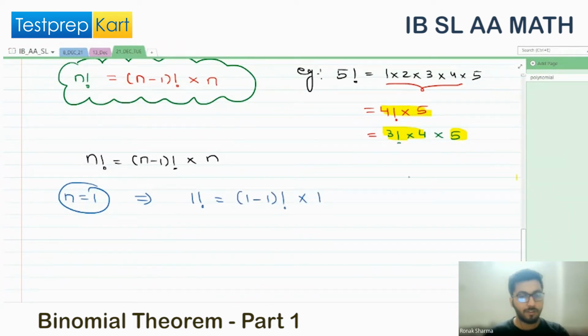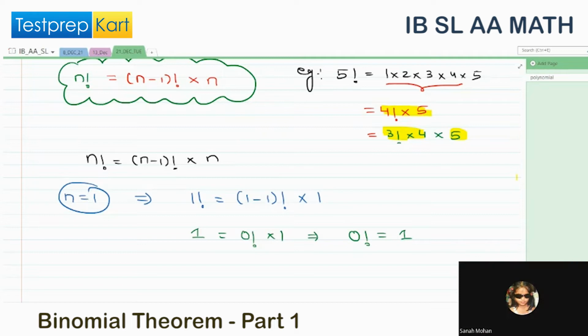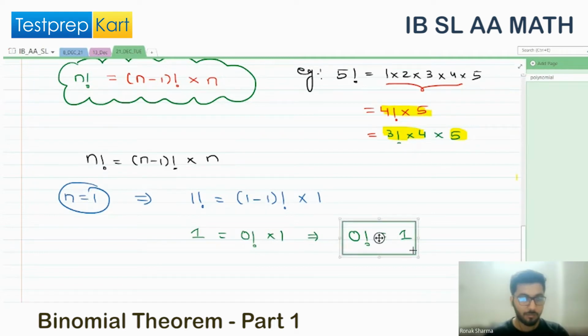But what will be 1 factorial? It will be 1 only. And 1 minus 1 is 0. So 0 factorial into 1. So are we getting 0 factorial equals 1? So this is one exception that you should remember, that 0 factorial value is 1. You should have that in your mind. Don't go for the reason, just know that 0 factorial is 1.